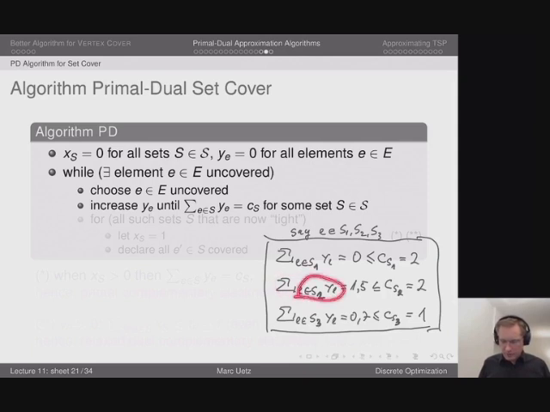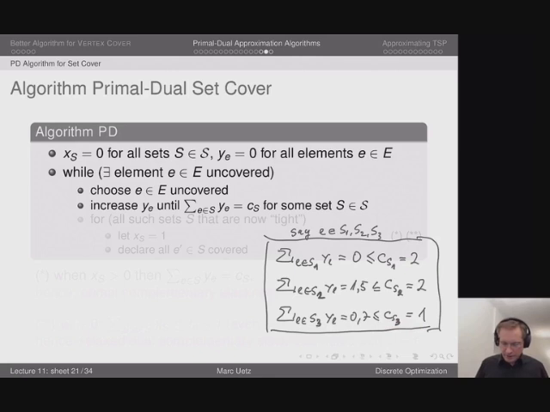The sum of those dual variables, say, is equal to 1.5, and the corresponding cost of the set is equal to 2. And it appears in the third set, and the sum of the corresponding dual variables YE, say here, is equal to 0.7, and the cost of that set is equal to 1.